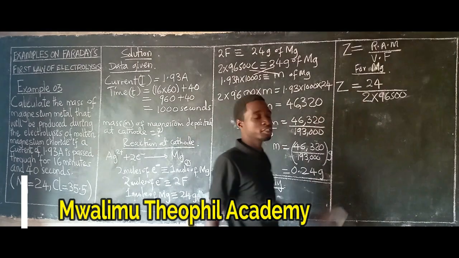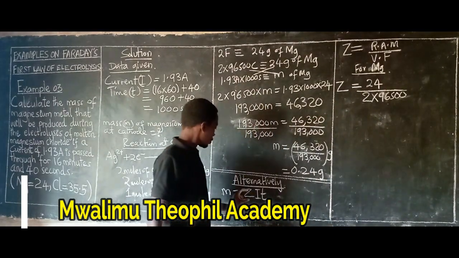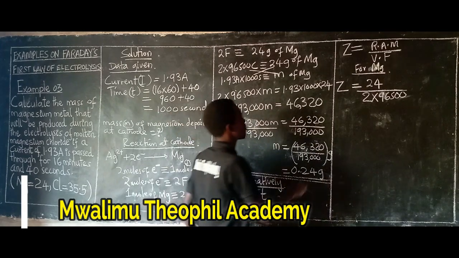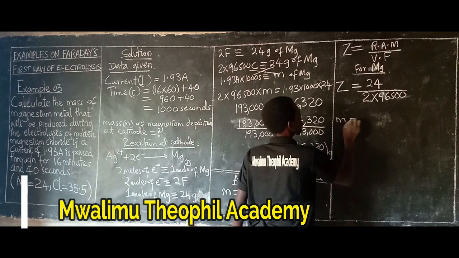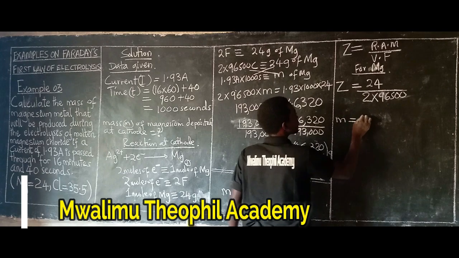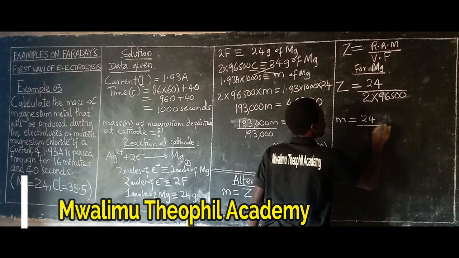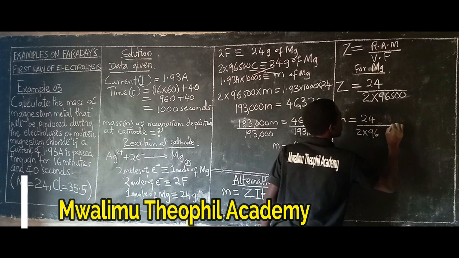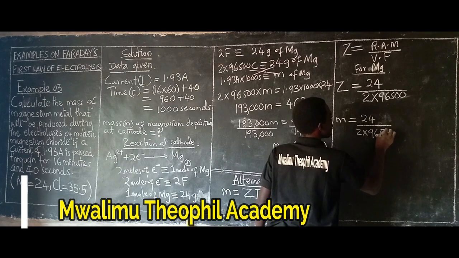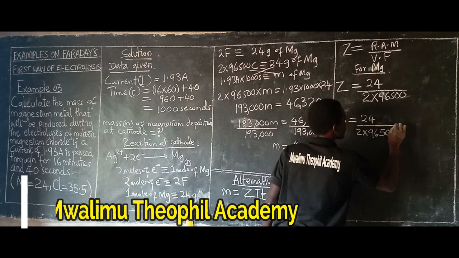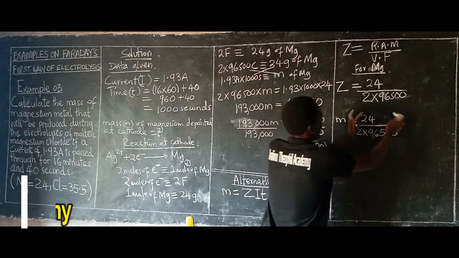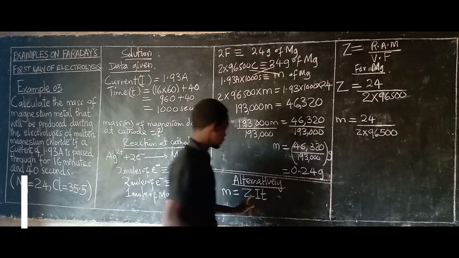After getting the electrochemical equivalent of magnesium, now we are able to use it in this formula to get mass. Our mass will be equal to electrochemical equivalent, which is 24 over 2 times 96,500.